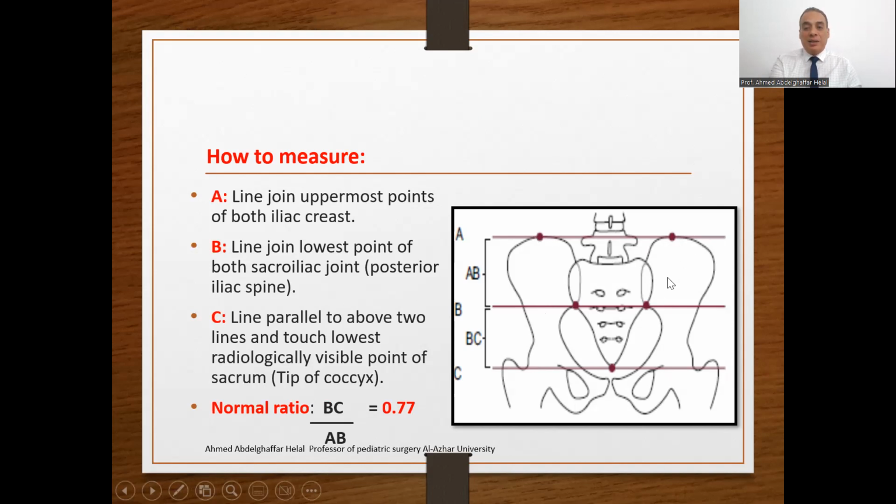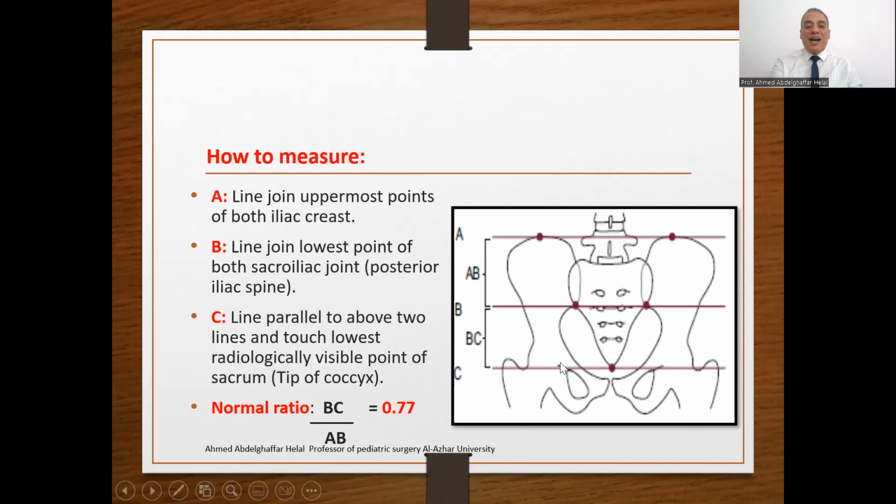This is line A. The B line joins the lowermost points of the sacroiliac joints. And the third line is parallel to the 2 above lines and touches the lowest radiologically visible point, or the tip of the coccyx. So you must have these 3 lines on the plain radiograph: 1, 2, 3.